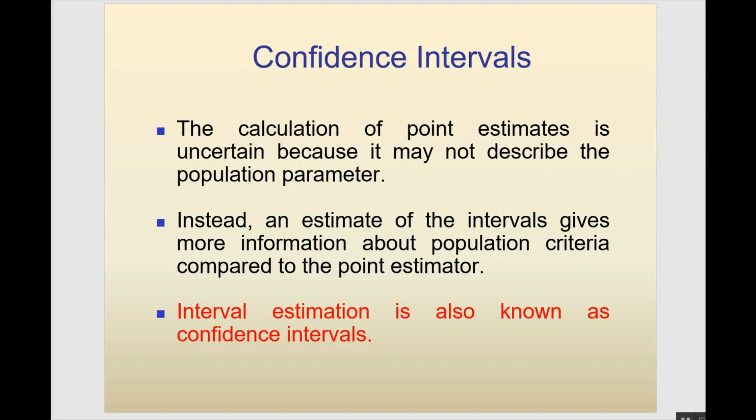Basically, a confidence interval consists of three parts: first the confidence level, then the statistic, and the third, the margin of error.